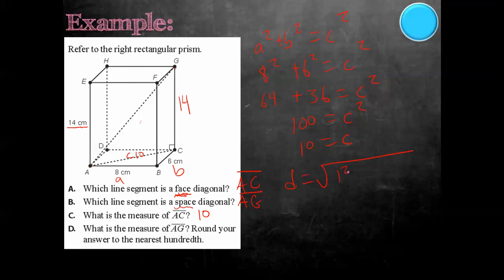D equals the square root of L squared plus W squared plus H squared. So we're going to plug those in, okay? The length is going to be 6, so we have 6 squared, plus W squared, that's the width, so that's going to be 8, plus the height, which is 14 squared.